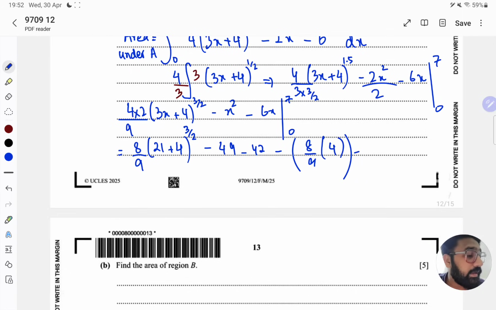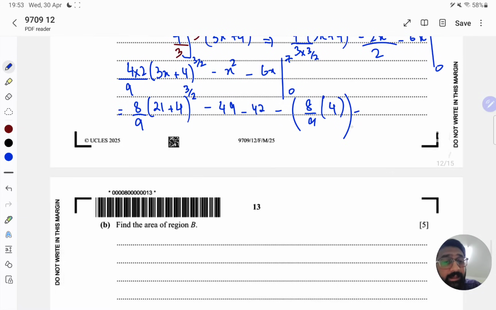So it will be 8 by 9 (25)^(3/2) - 49 - 42, which is 181 by 9, minus 8 by 9 into 4, which is 32 by 9.